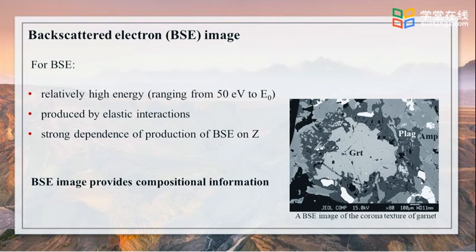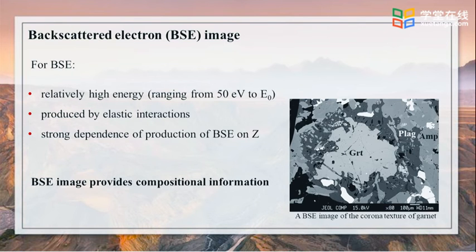Since the emission intensity of backscattered electrons depends mainly on the atomic number, backscattered electron images can be used to detect contrast between areas with different chemical composition. Areas of the specimen composed of higher atomic number elements emit more backscatter signals and thus appear brighter in the image.